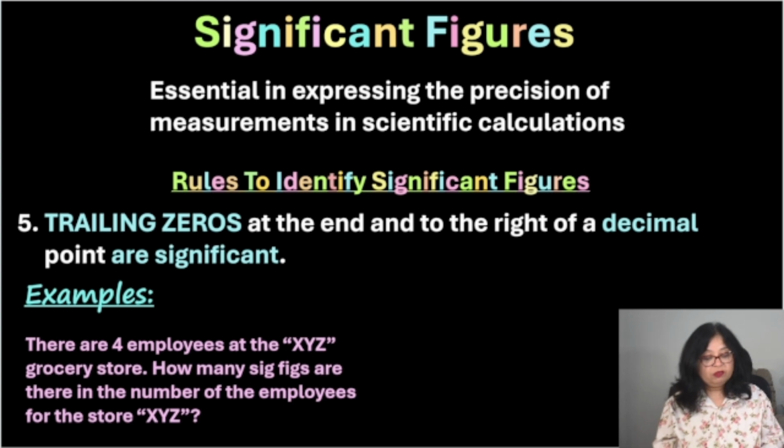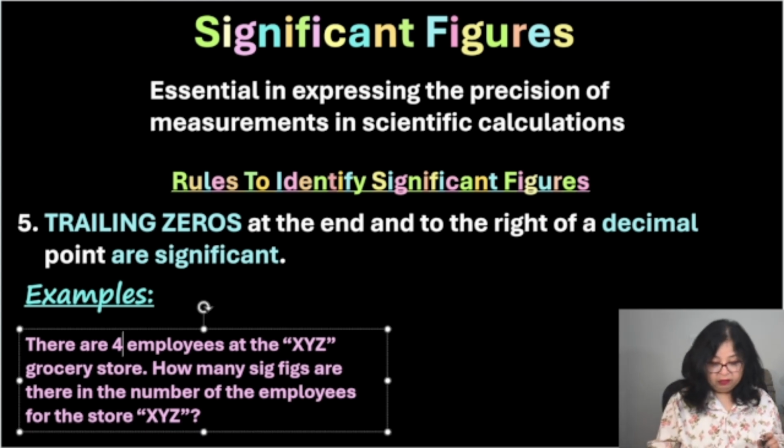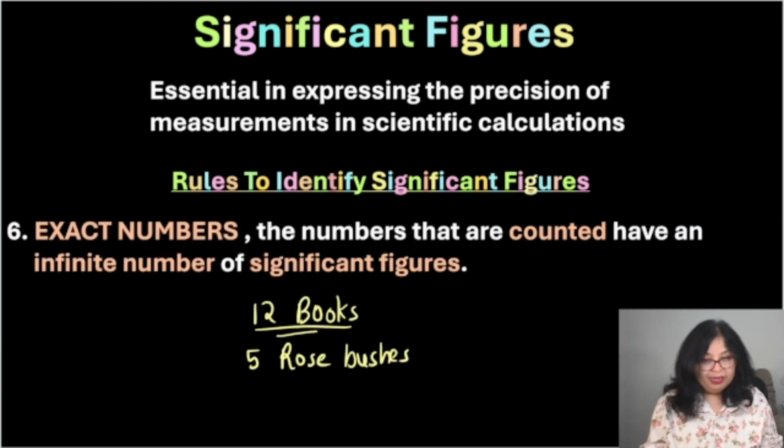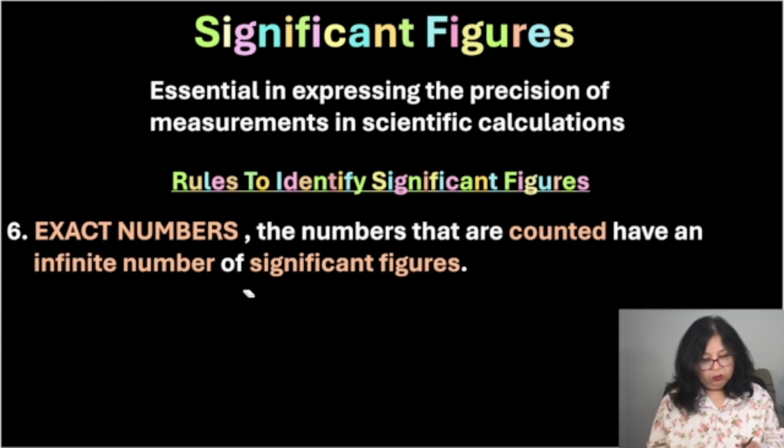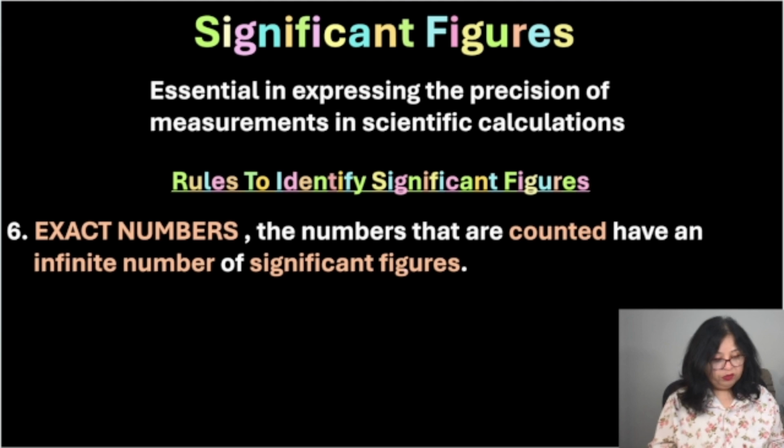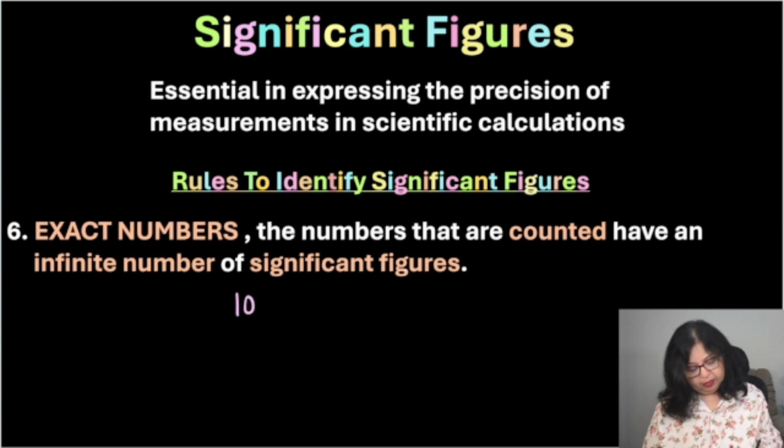So for such cases, these numbers are called exact numbers. The rule for exact numbers is that exact numbers, that is the numbers that are counted, have an infinite number of significant figures. For example, I might say that I have 10 pens.